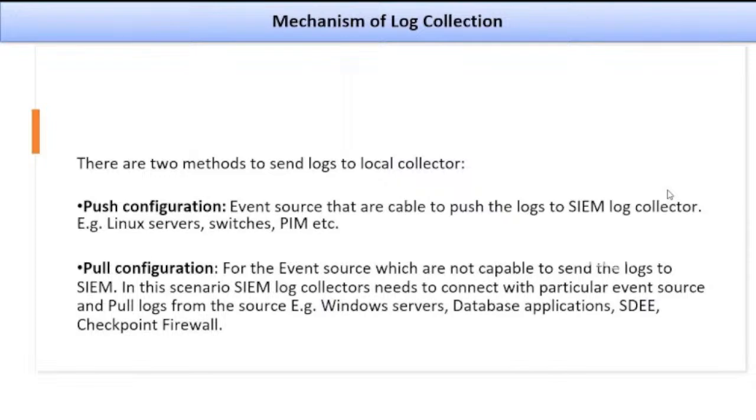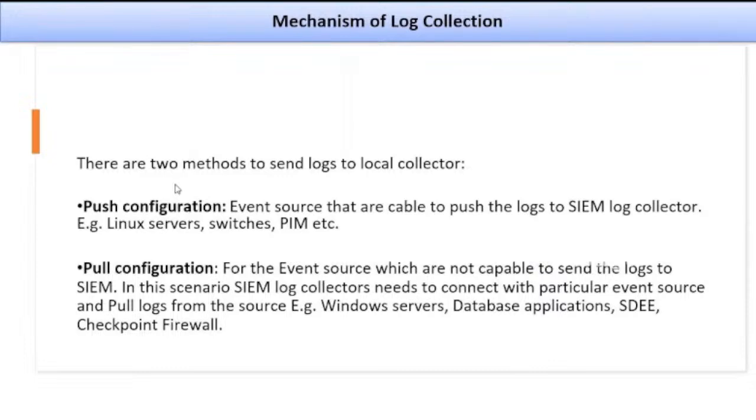We can define one destination IP on those event sources, and they keep forwarding the logs via UDP. So we don't have to do anything; once configured, it's done. It's UDP 514, or 5146, any port can be defined. This is the easiest method for collection of the logs.